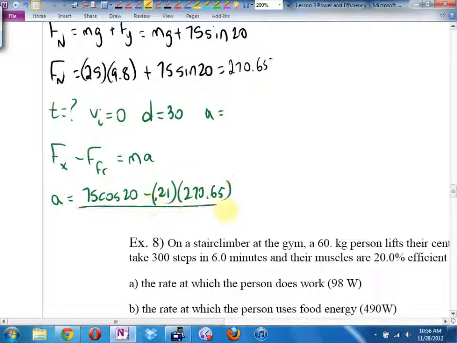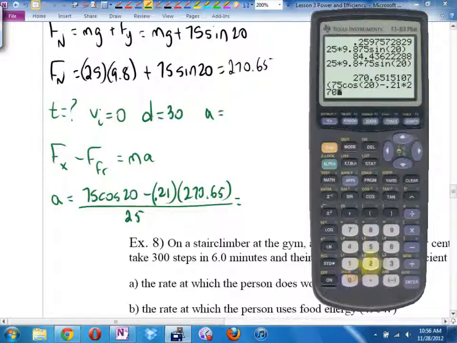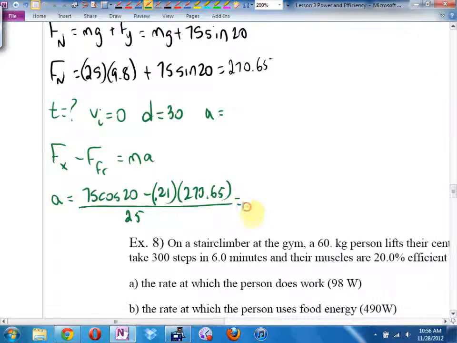If I divide that by the mass, 25, that should give me the acceleration. (75 cos 20) minus 0.21 times 270.65, close bracket, divided by 25 to get an acceleration of 0.5456. Woohoo!